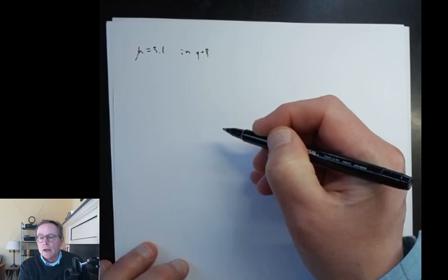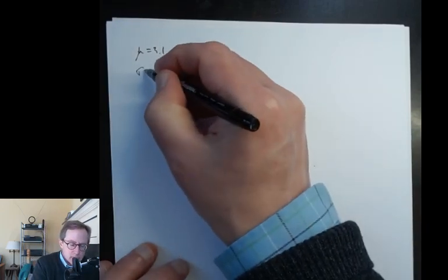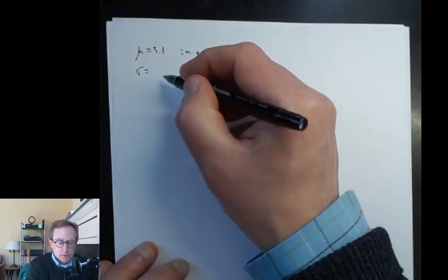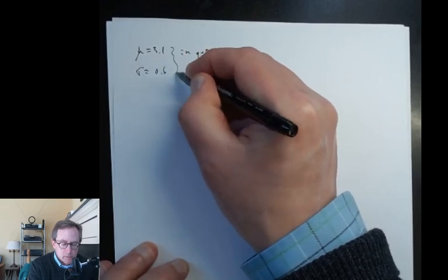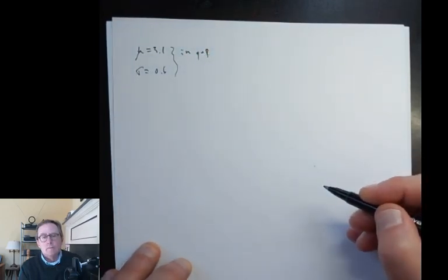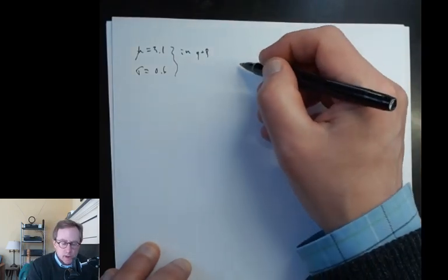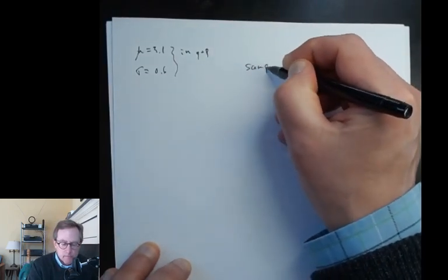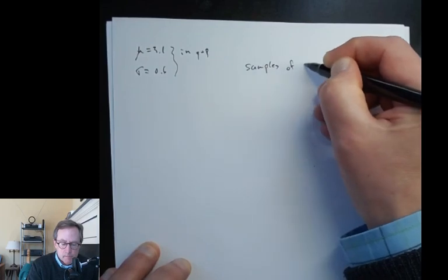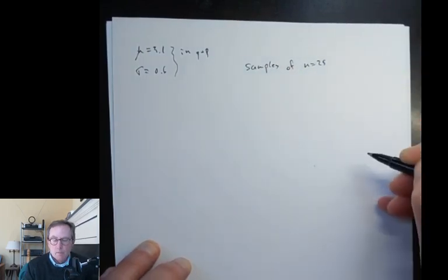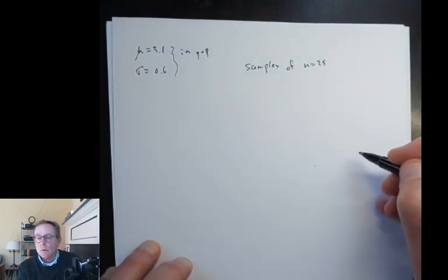And in the population, the standard deviation is 0.6. Both of these are in the population. So now we take samples of n equals 25 and report the X bars.